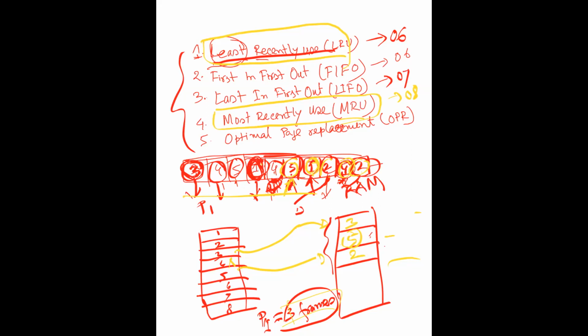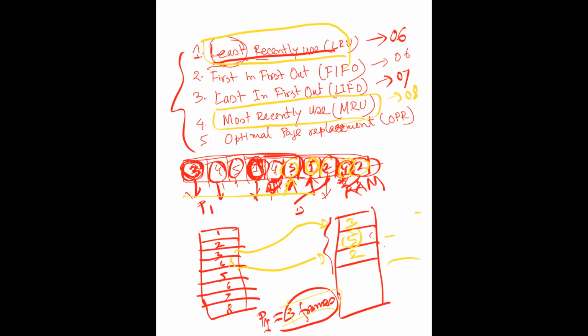What does it mean? It will actually predict the future. It will look at the future pages. If the CPU in the near future does not refer to this page, then this page will be replaced.